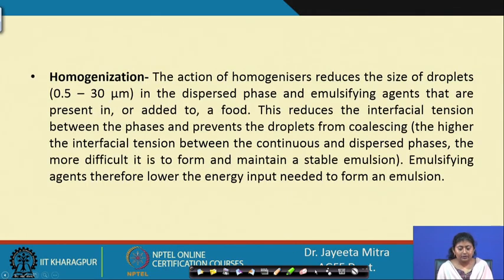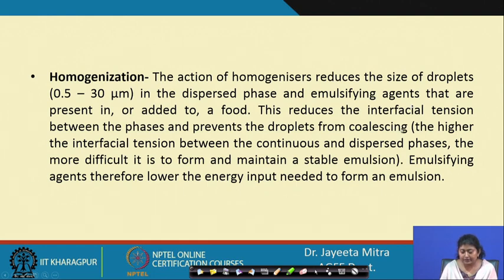Now, if we look into homogenization, the action of homogenization reduces the size of the droplets from 0.5 to 30 micrometer in the dispersed phase and emulsifying agent that are present in. So, they degrade the size of both of them, or it has been artificially added also to the food, the emulsifying agent.